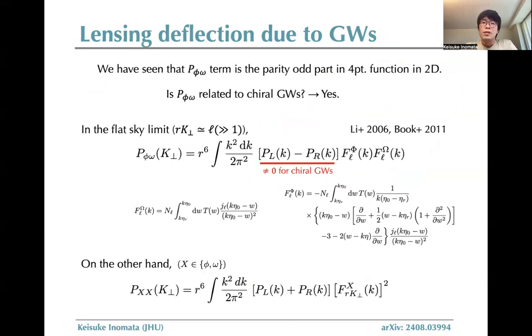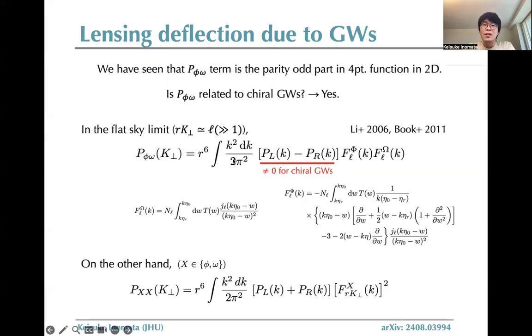Okay, so we have seen that the cross-correlation term is parity odd in the four-point correlation function in 2 dimensions. So one might ask, is the cross-correlation term related to chiral gravitational waves? The answer is yes. In the flat sky limit, the cross-correlation power spectrum can be expressed like this.